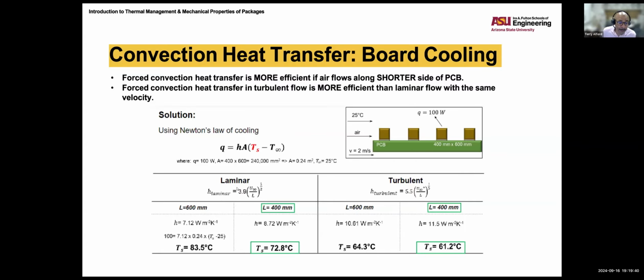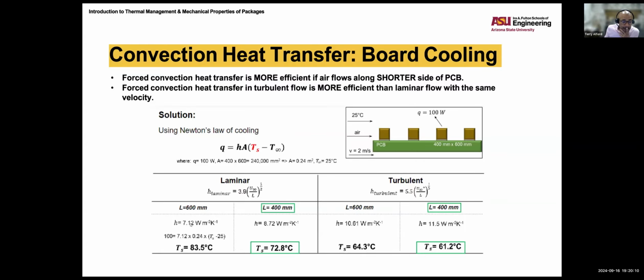For the laminar flow here, it's going to be 3.9 times the velocity divided by the length, to the 1/2 power. If I'm in the turbulent regime, it's 5.5 times velocity divided by L to the 1/5 power.